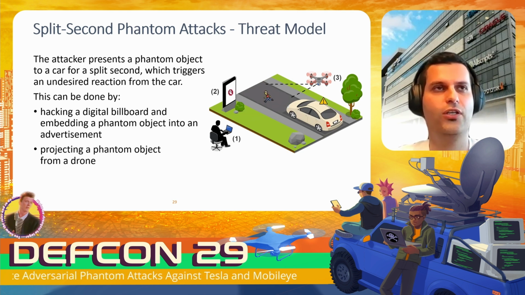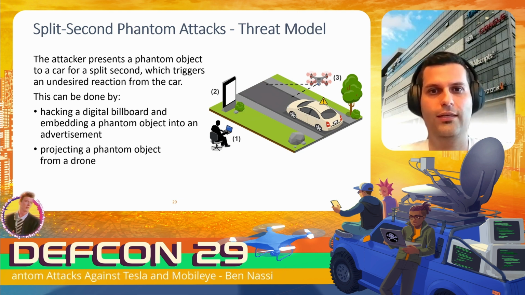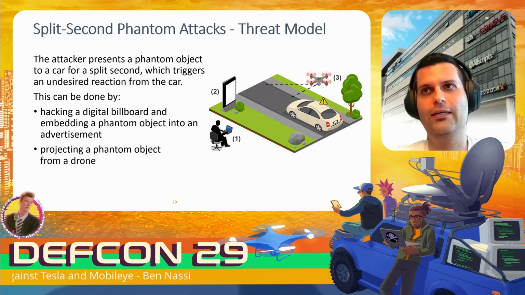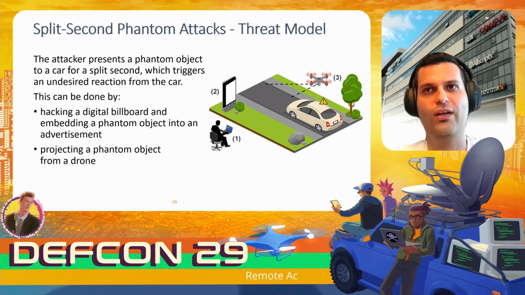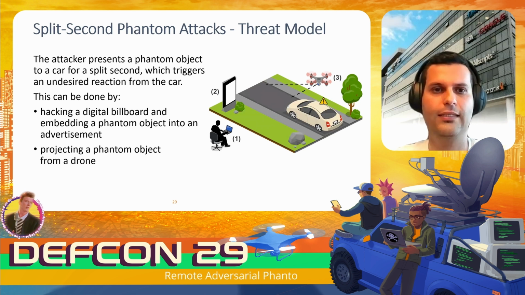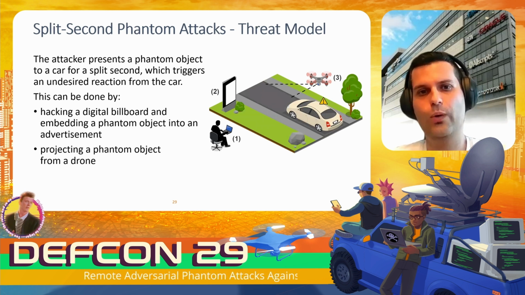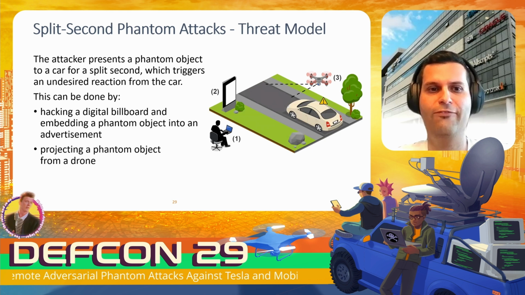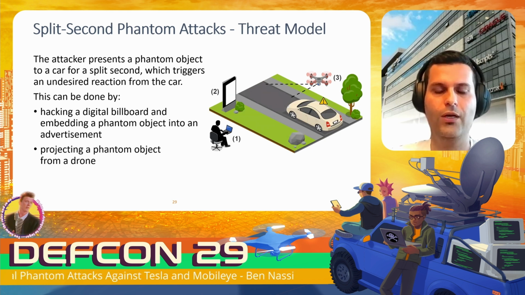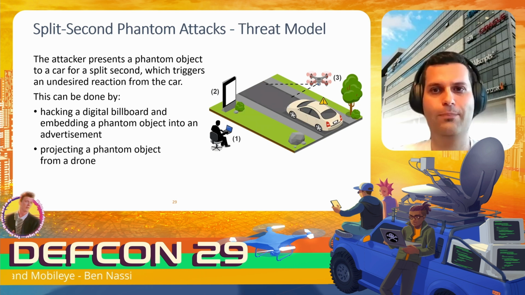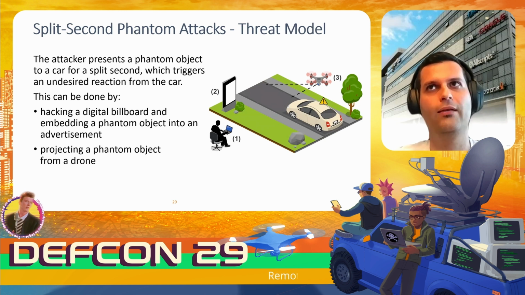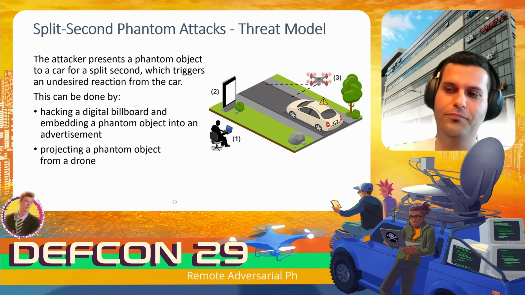There was an interesting talk a few years ago by a hacker who investigated what exactly needs to be done in order to, for example, attack an internet-connected digital billboard. However, there is another way to apply the attack, and this is by projecting a phantom object from a drone. In both cases, the phantom appears only for a split second, which should be somewhere in the undetected area for the human, but detected by the car.